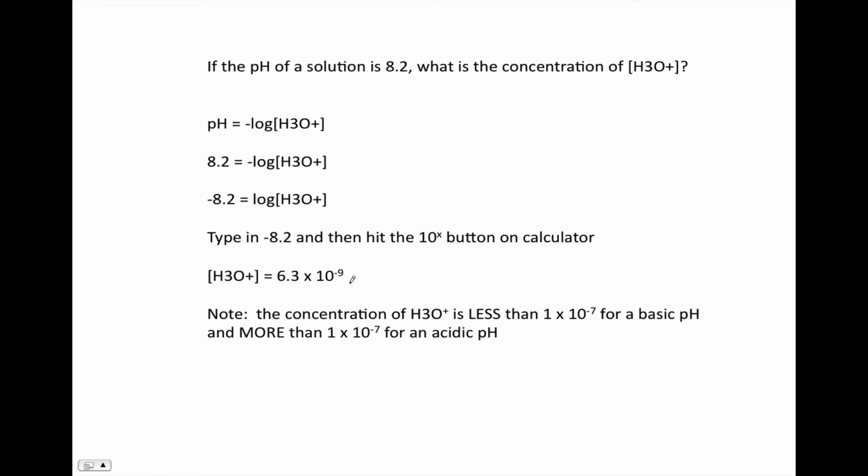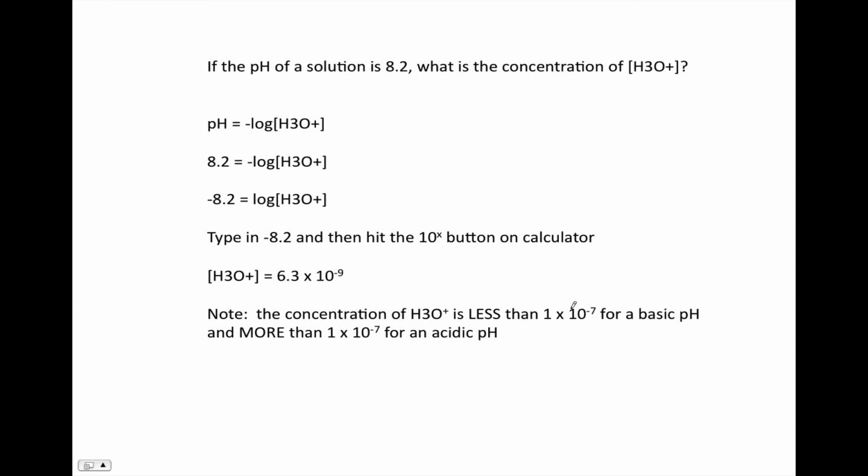Notice that this number is smaller than 1 times 10 to the negative 7th, and it should be. That's what we were predicting. And down here I have a reminder that the concentration of H3O+ is less than 1 times 10 to the negative 7th for a basic pH, meaning above 7, and more than 1 times 10 to the negative 7th for an acidic pH.